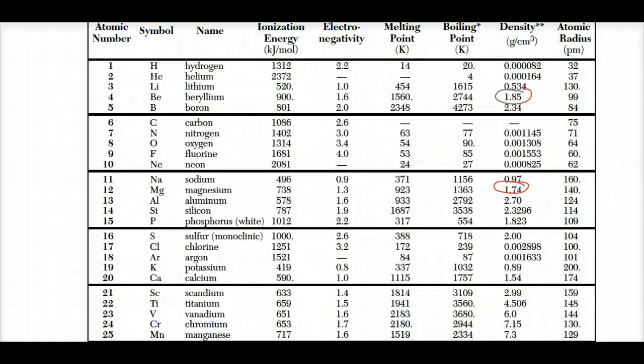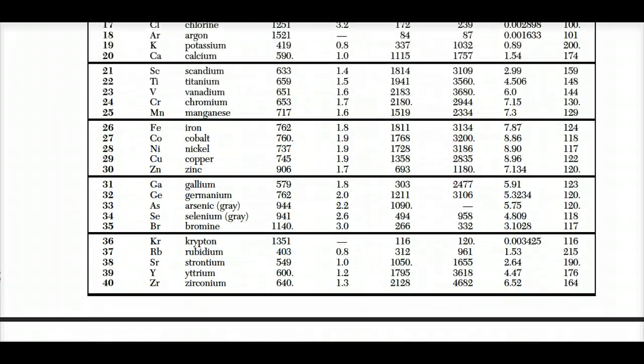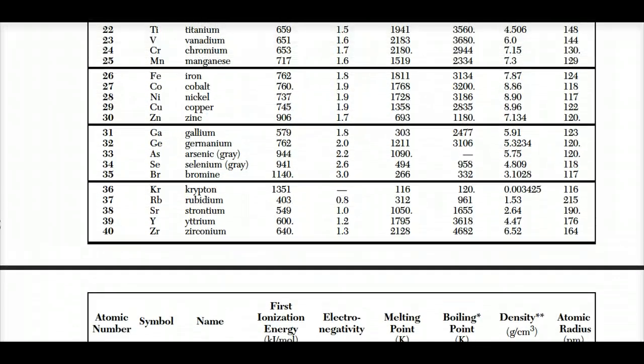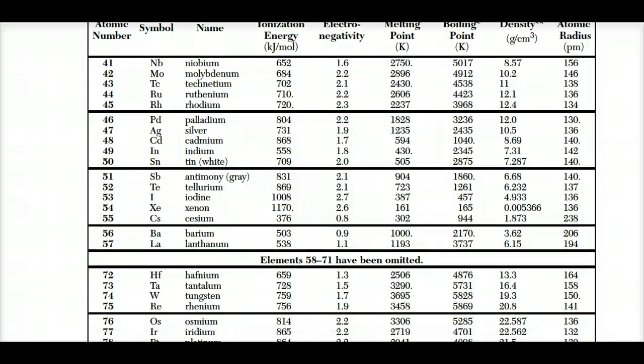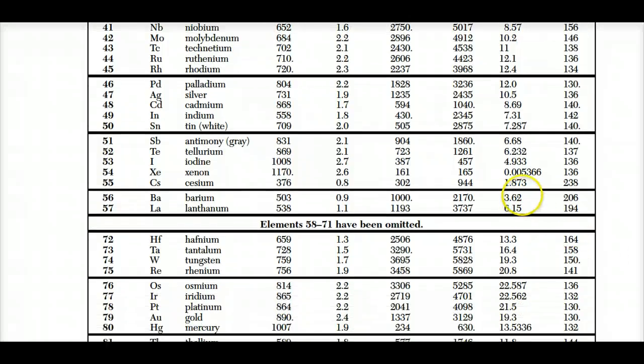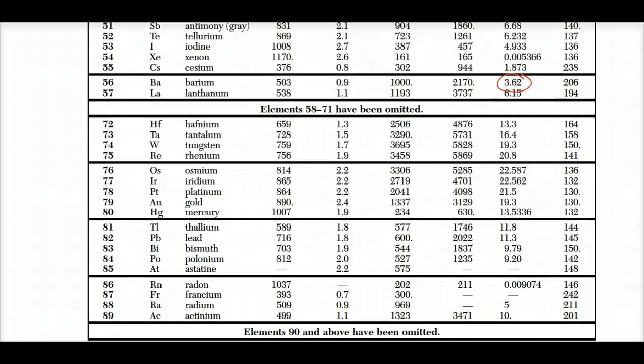Let's go back down. We're skipping calcium and strontium, so we're going to find our other elements in this group. We've got barium, 3.62. It's steadily increasing. And then we have radium, atomic number 88, which has a 5.